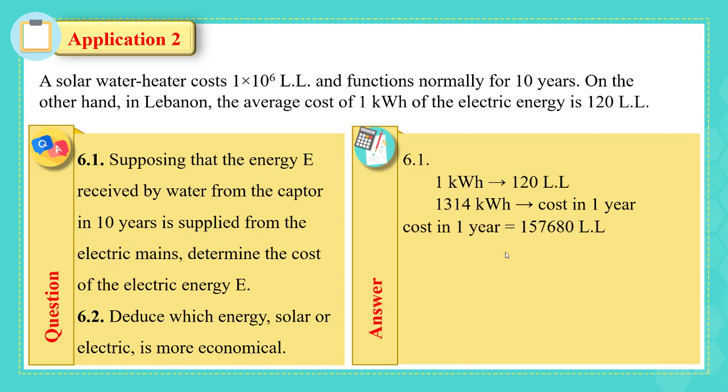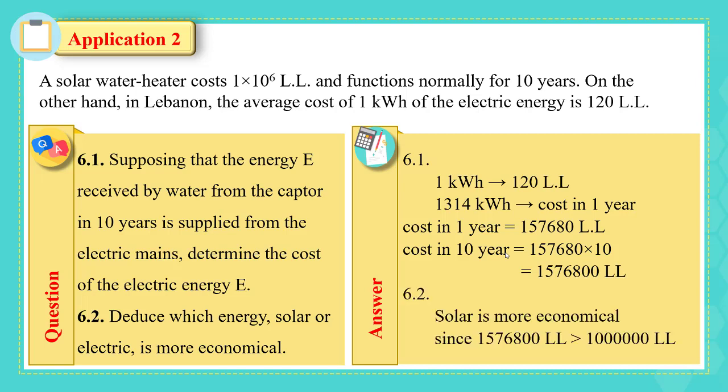So I make the calculation and I get 157,680 Lebanese lira. And for the cost in 10 years, I multiply the obtained number by 10 and I get 1,576,800 Lebanese lira.